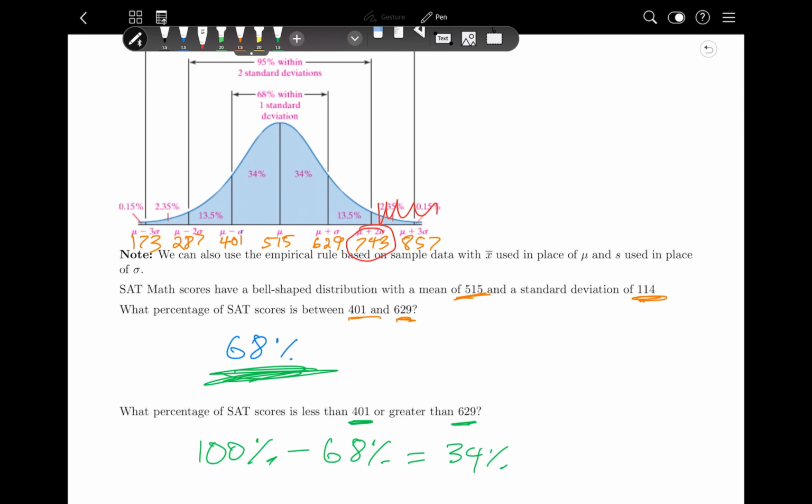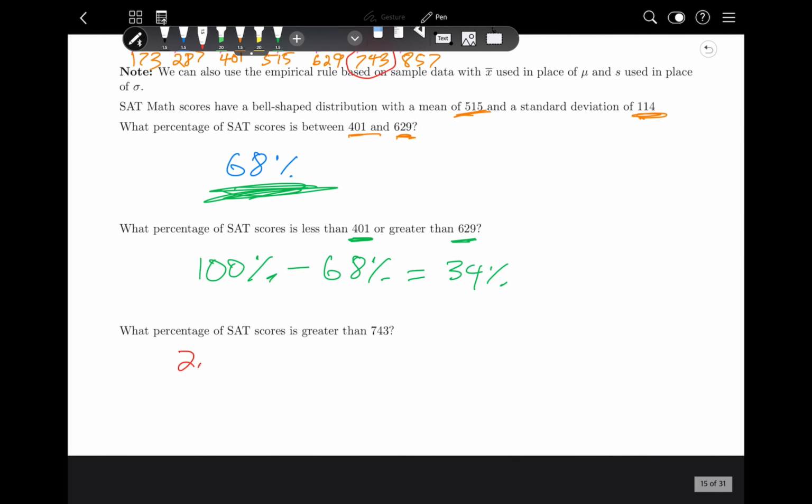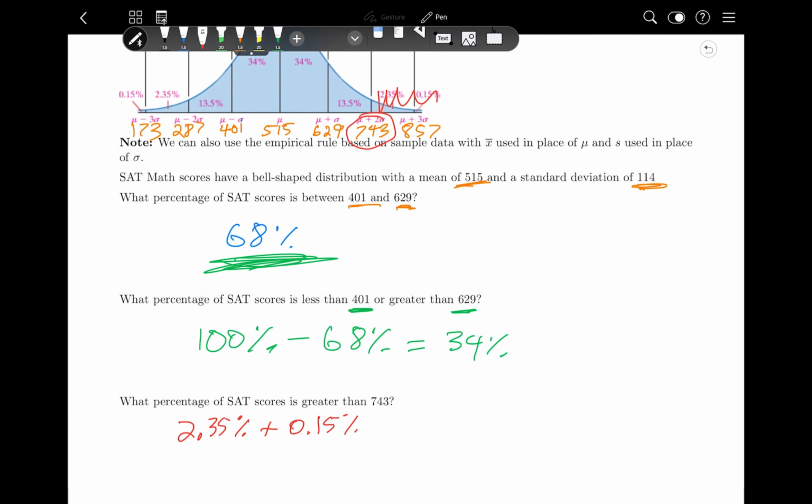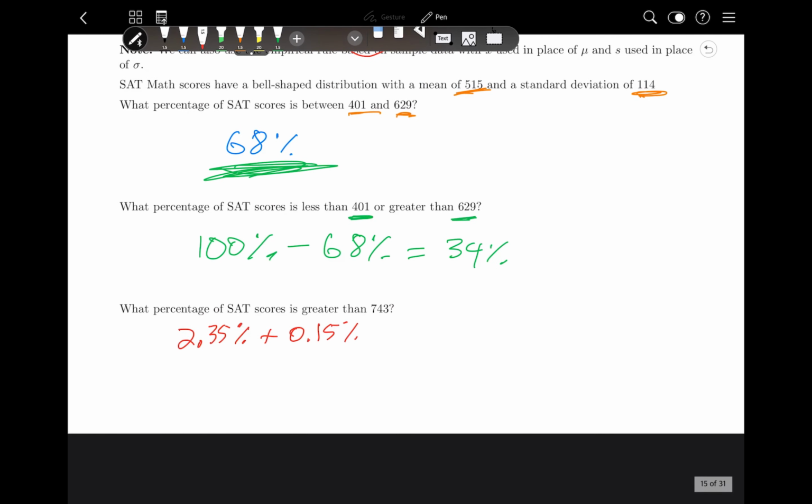So one option, if you're using this nice picture here, is you can just add up these two numbers. So it should be 2.35% plus 0.15%. So if you're using this nice picture here, which you could easily use every time and just erase or print off multiples of them, it's got all those little numbers in it. So that would be 2.5%.